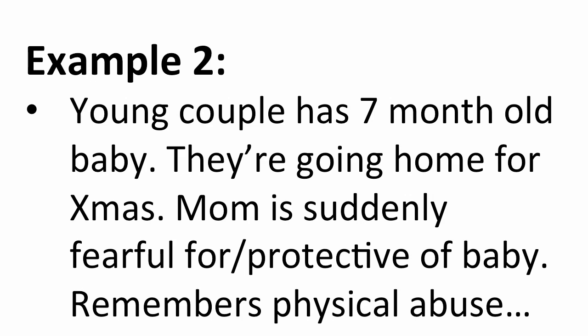She realizes she's fearful for her baby, protective of her baby, and she has some physical abuse memories. Now, not unheard of at all, right? Pretty common. People have kids, all of a sudden they're viewing their whole childhood through a different lens. This is very common. So, let's look at the journey on this one.